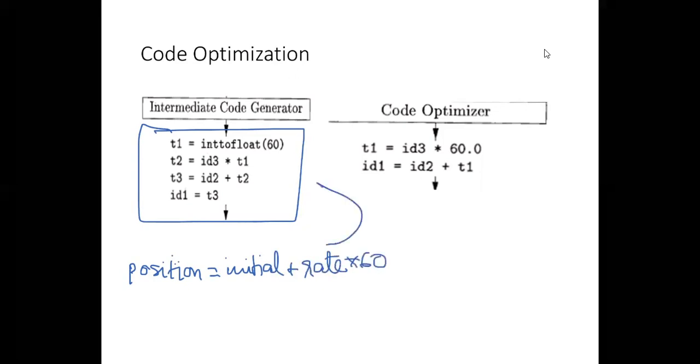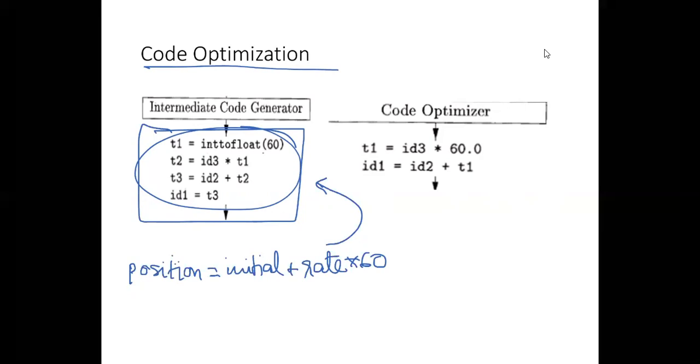From here, we got an intermediate code, something that looks like this. Now, code optimization optimizes that intermediate code that has been generated, so that it becomes more efficient.